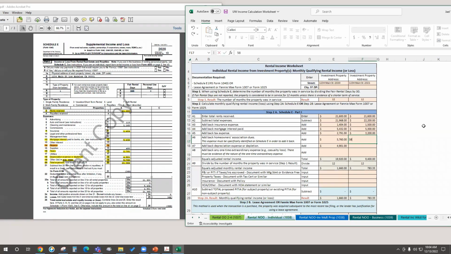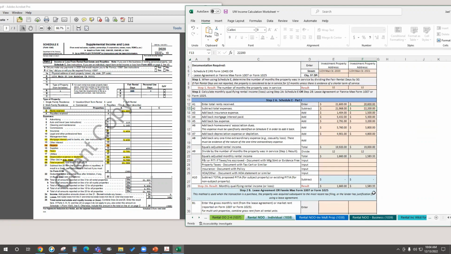Usually this doesn't go up a lot. Depreciation was less. So, all right, I want to make it less just to show you what you can do. So let's say this income here for your results was less. Again, if your 2021 is less than your 2020, you're going to have to give them this income of $1,583.33.